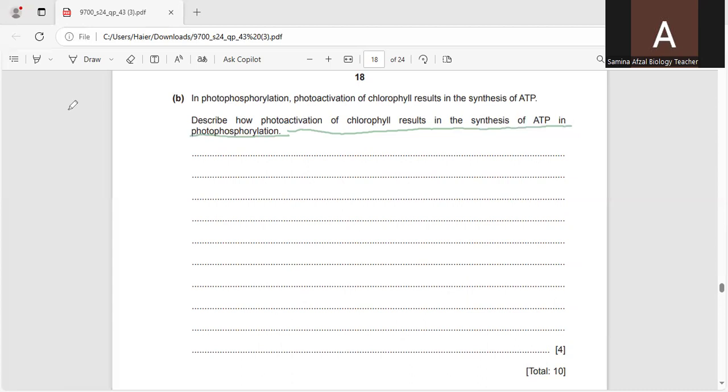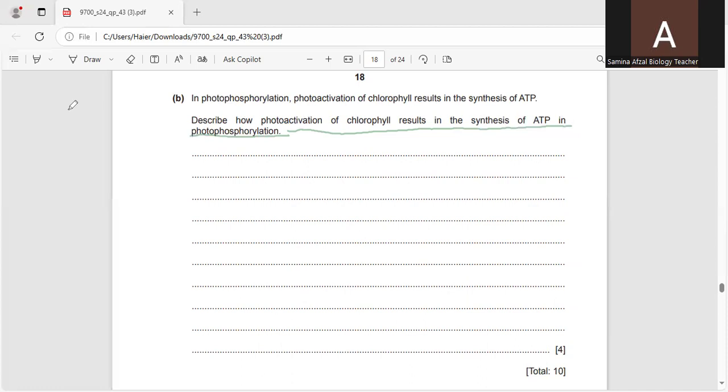So the energy which is absorbed will excite the electrons within the chlorophyll molecules to a higher energy level. So the excited electrons are ejected from the chlorophyll molecules and are passed along a series of electron carriers embedded in the thylakoid membrane, or you can say the electron transport chain. So this electron transport chain will release energy.